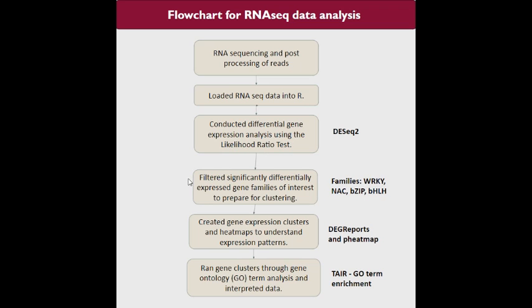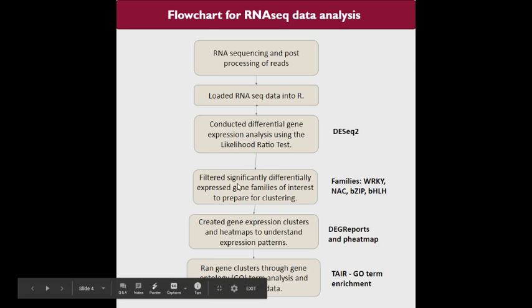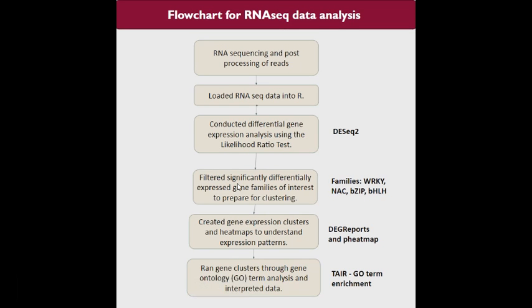After this, I filtered significantly differentially expressed gene families of interest to prepare for clustering. These families were the aforementioned WRKY, NAC, bZIP, and bHLH families. Next, I created gene expression clusters and heat maps to better understand these expression patterns. And finally, I ran the gene clusters through a gene ontology, or GO term, analysis using the TAIR website.